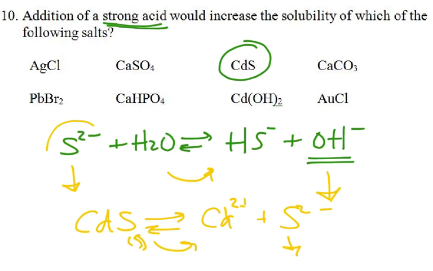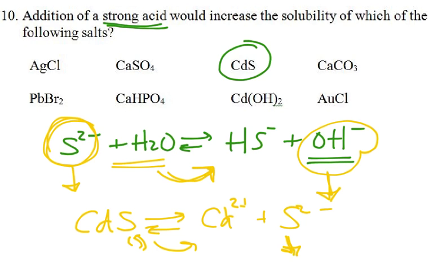So if the negative ion comes from a weak acid, it will do hydrolysis. If I add an acid, it removes my hydroxide, shifts this equilibrium to the right, which lowers my sulfide and shifts this equilibrium to the right.